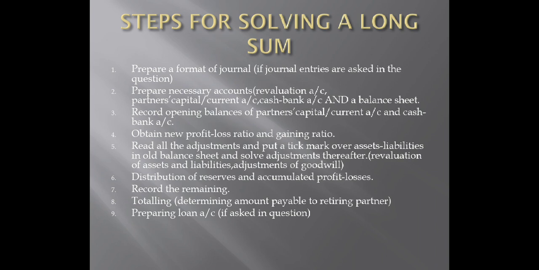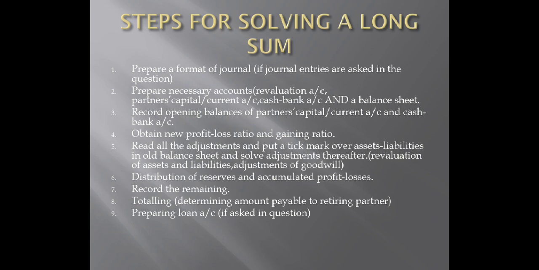Your fourth step is you are supposed to find out the new profit loss sharing ratio and gaining ratio, just like we used to obtain sacrificing ratio while solving a long sum of chapter 5. Here you are supposed to find out gaining ratio and new profit and loss sharing ratio if required in any of the given adjustments.